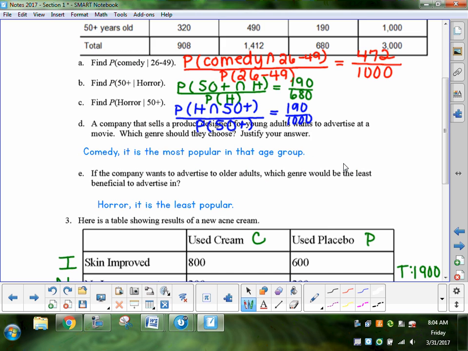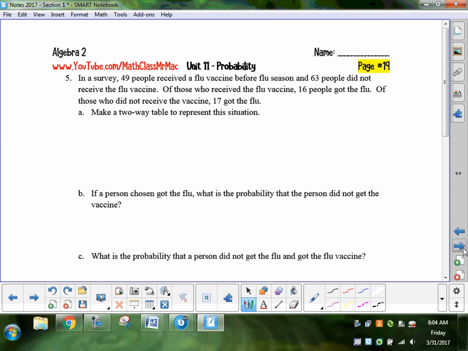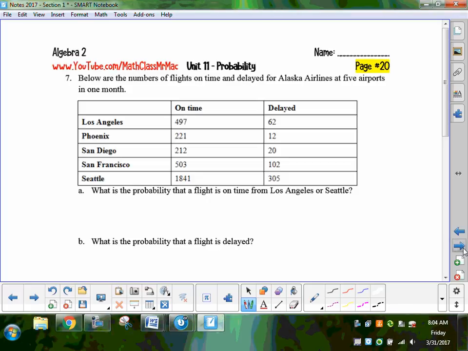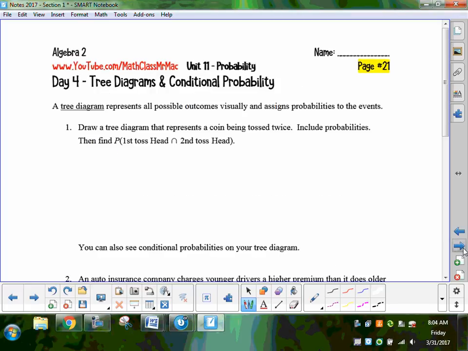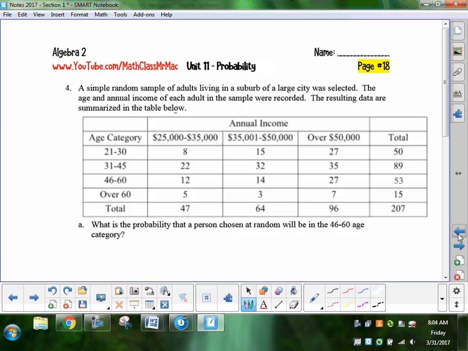Let's actually do this. Tables. I don't think we have enough time to go through and do all of this. Let's do this.